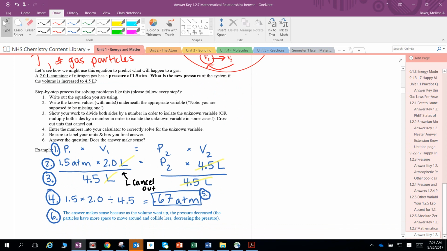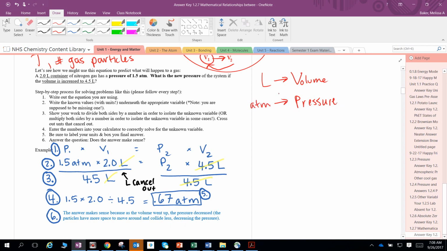So what if you've got to do a math problem? Let's see how we can use this equation to predict what will happen with the gas. What if you've got a 2-liter container? I want to remind you that liters are a measurement of volume. And it says the pressure is 1.5 atmospheres.